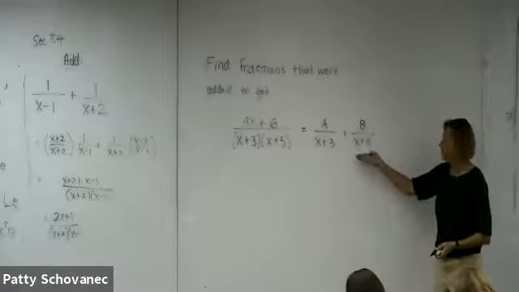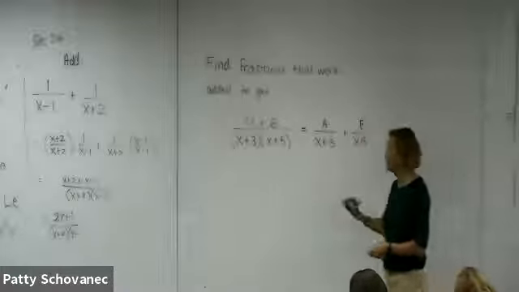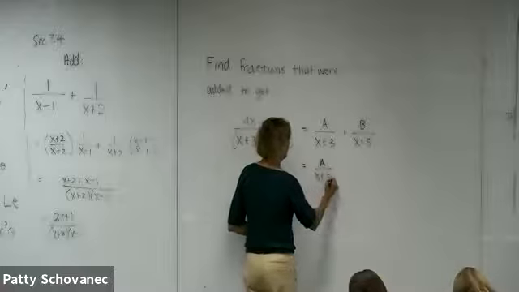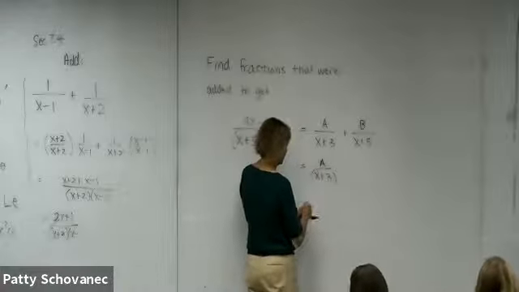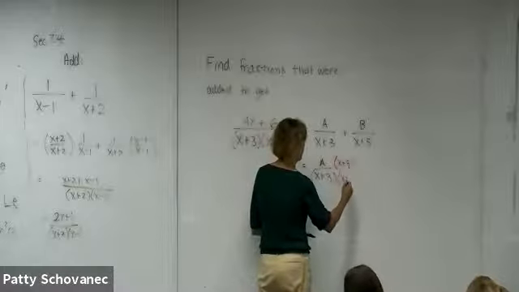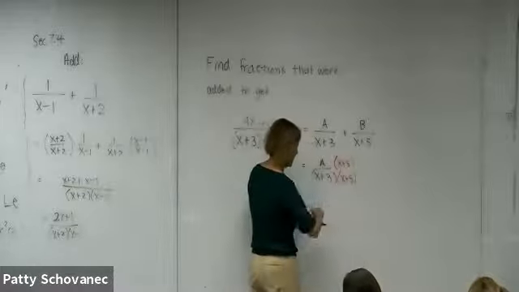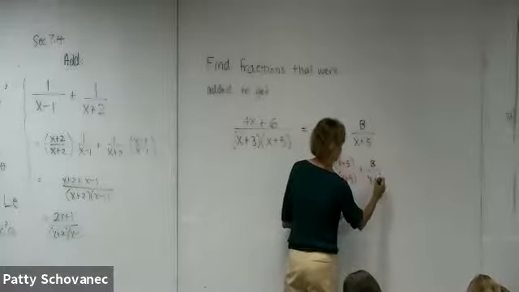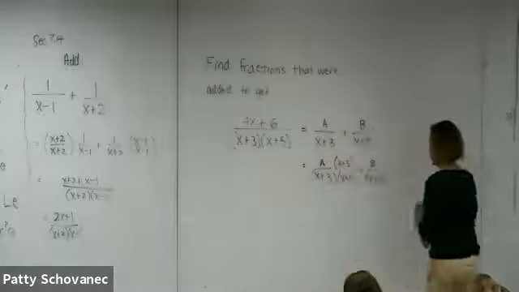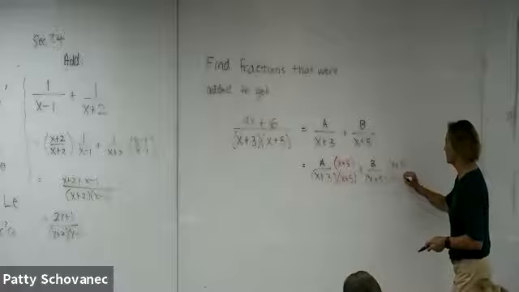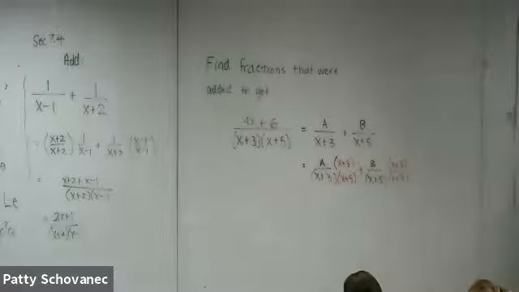I'm going to multiply that by x plus 3 over x plus 3. And now they have the common denominator, so I can write them as a single fraction.